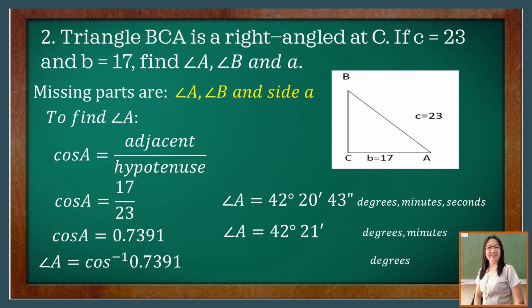So what you need to do is to look at the minutes. If that is more than 30, you have to add 1 degree. But in this case, since 21 is less than 30, our degrees is retained. So our angle A is 42 degrees.